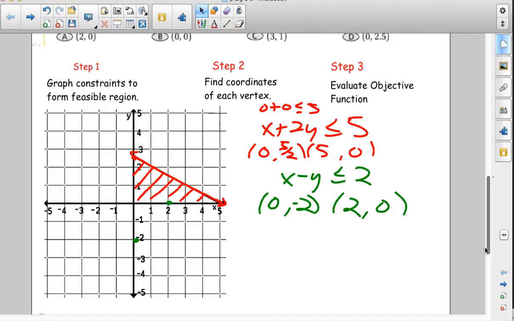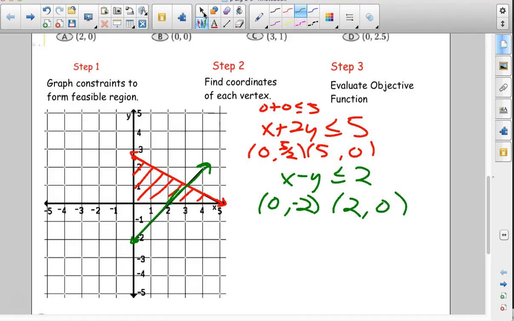And again, try to use a straight edge, get things as straight as you can. Because the vertices are what we need to use.